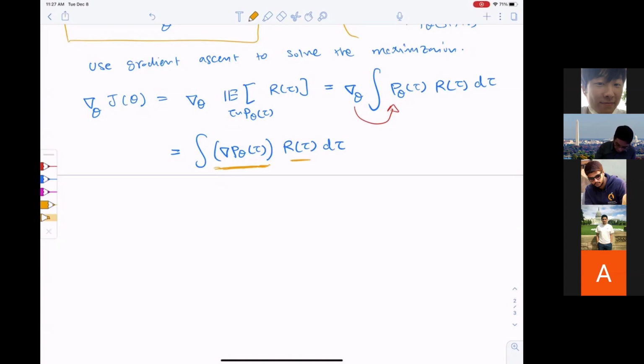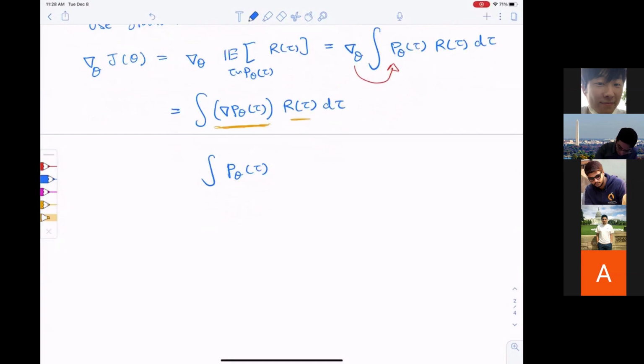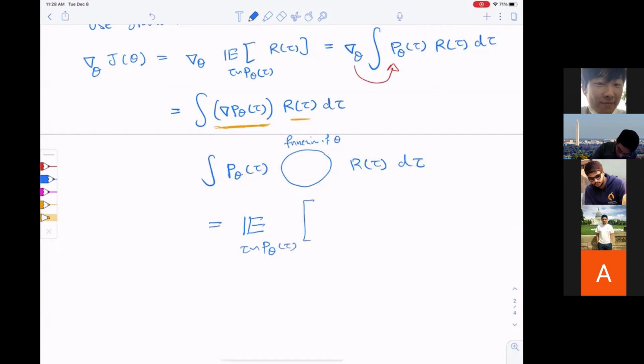If this integral was in a form like, let's say I have p theta of tau times a function of theta times r tau d tau, then I would be happier, because I could write this as the expectation over p theta of whatever this function is times r tau.